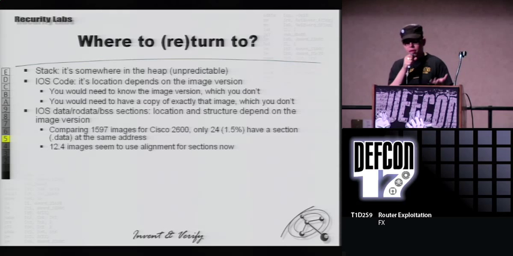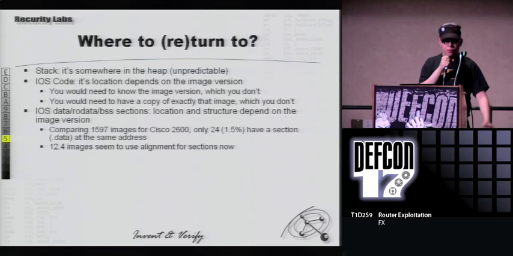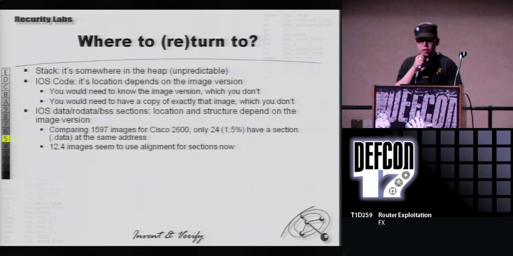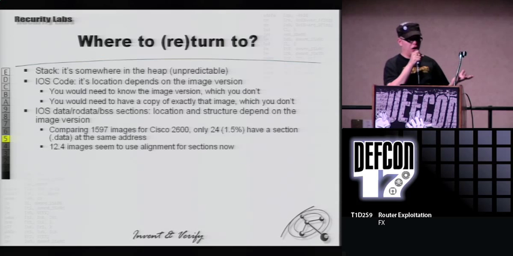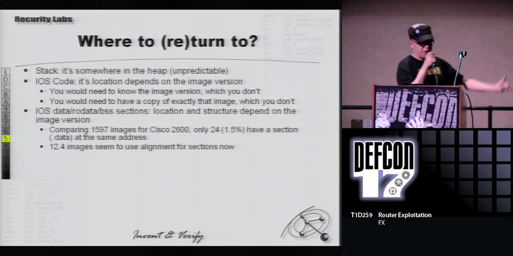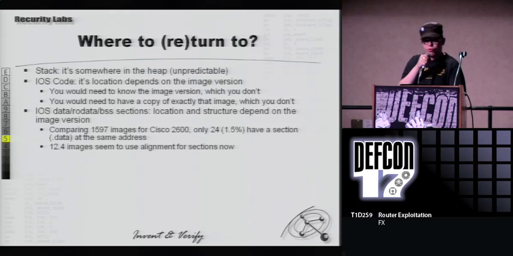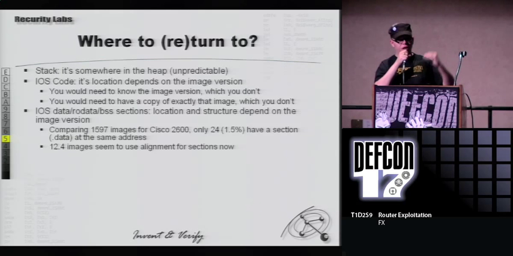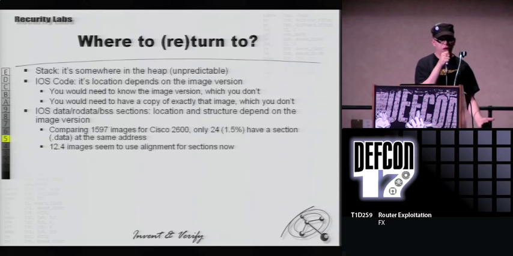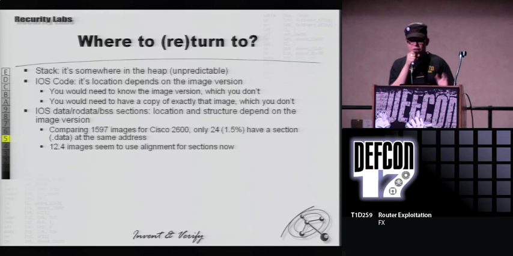So only 24 of them, so it's 1.5%, have a section on a common address, which is the data section, which doesn't mean that it contains the same things, right? Interestingly enough, in 12.4, they actually started to align things in their images. So I'm seeing proof that they're working on a build process. Stop that.